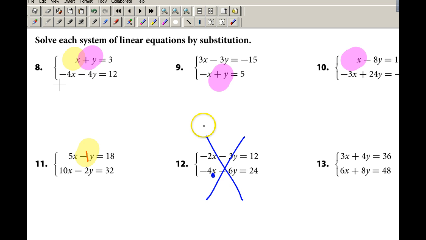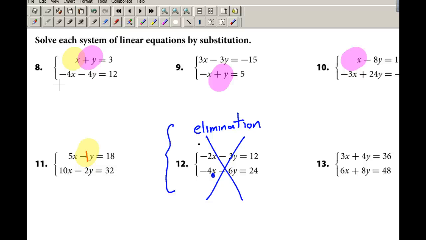Okay. For now. Tomorrow, I'm going to show you when this happens, you're going to use a different method called elimination. Okay? So the nice thing about having multiple tools is that you only use that tool when the job calls for it. If you're trying to paint a wall, you don't take out a hammer.